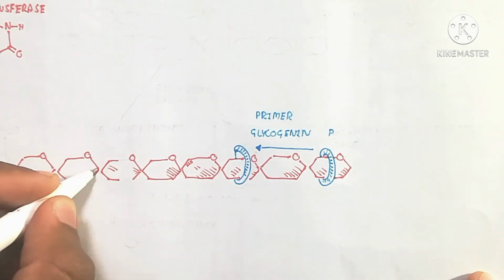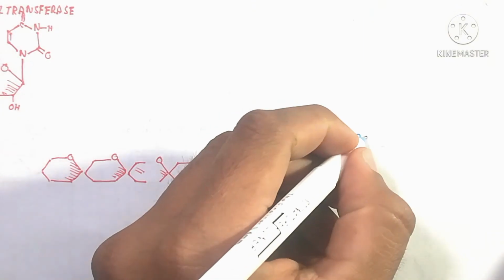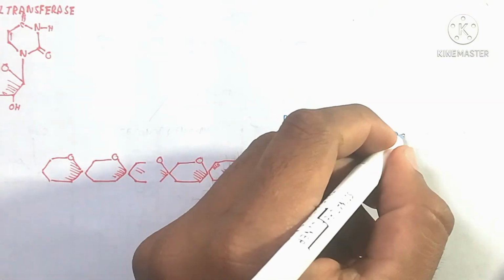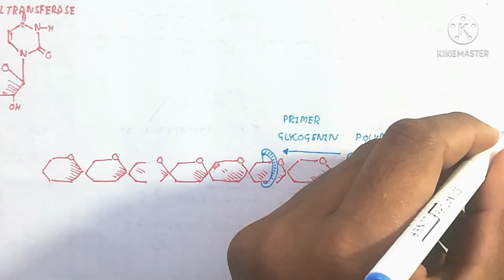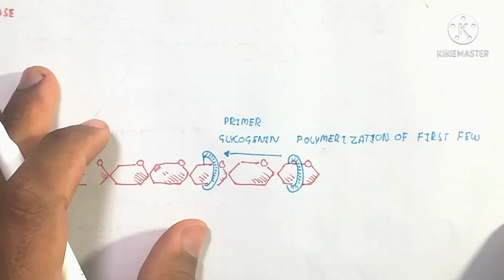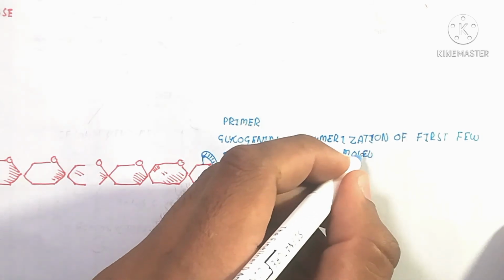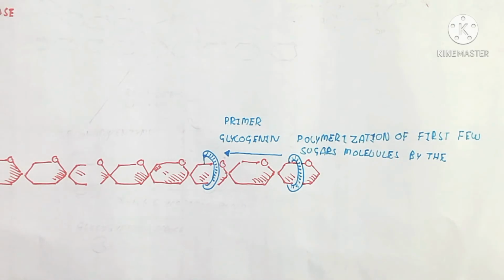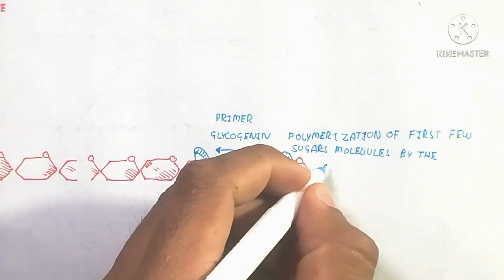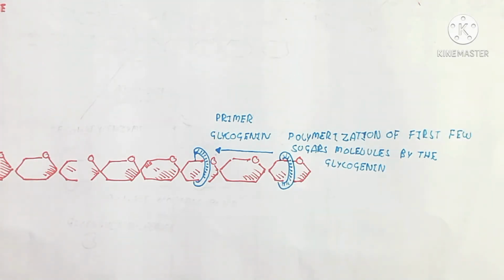The bond produced in the chain is known as the alpha 1 to 6 glycosidic bond. It means carbon number 1 and carbon number 6 are used for the glycosidic bond. So glycogenin is used for the first few sugar molecules.